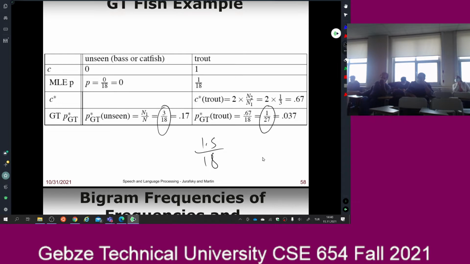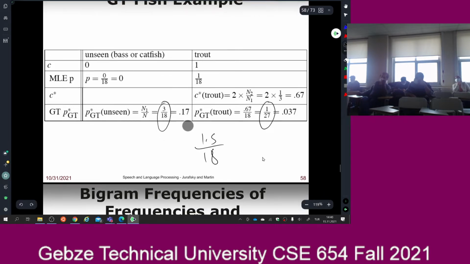No, I am trying to compare these 2 numbers. So if you are multiplying this by 2, it is 3 over 36, and compared to 1 over 27, this one is still higher, larger.